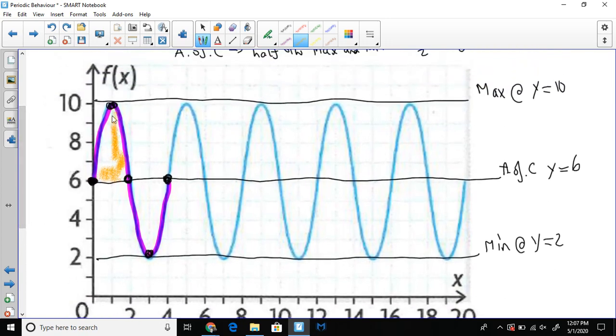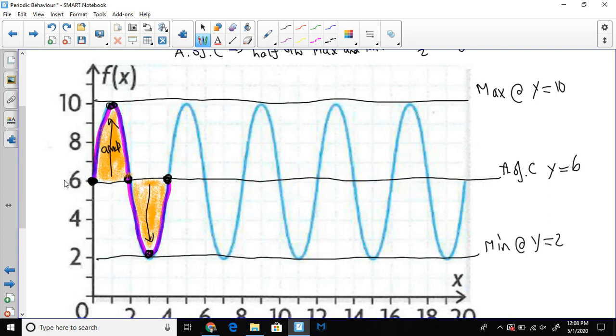So this part I'm coloring is the length of the amplitude: the distance from the axis of the curve to the max, and the distance from the axis of the curve to the min. This is my amplitude, and they should be the same, right?